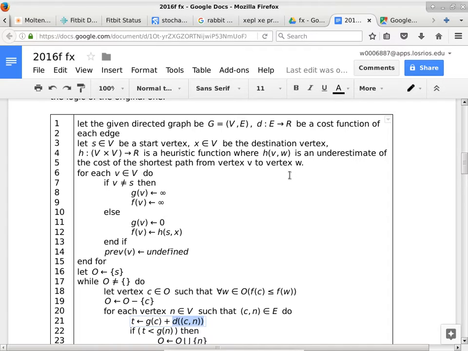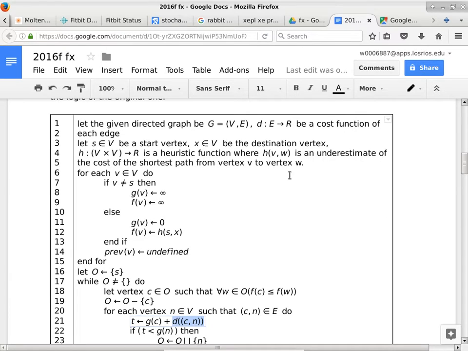By adding the cost of the edge C to N1 to this number, what are we getting? Well, we are getting the cost of a path, not necessarily the shortest, from the start vertex through C to N1, N2, and N3.